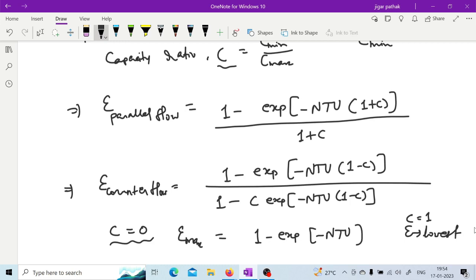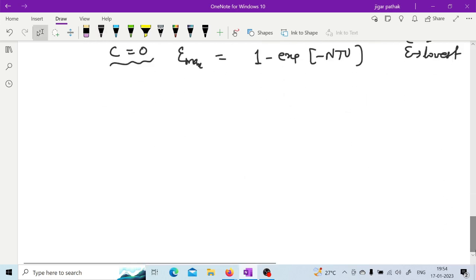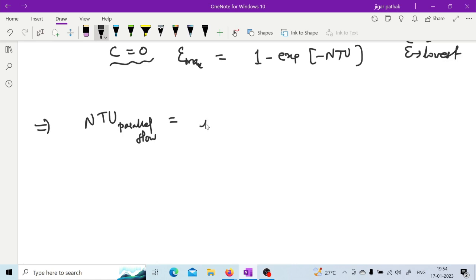Similarly, you can write NTU for parallel flow and counter flow, and for C equal to 0 also. You can convert those equations in terms of NTU instead of effectiveness. So NTU for parallel flow can be written as minus ln of (1 minus E(1 plus C)) divided by (1 plus C).